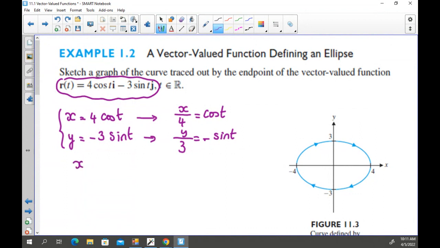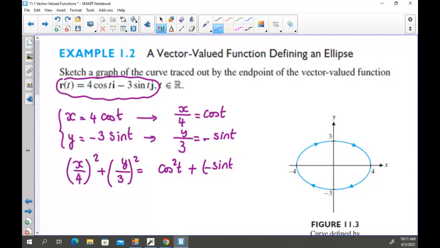Now I'm going to square this, and I will add y over 3 squared. So that will give us cosine squared t plus sine squared t, which is 1, basically, because minus 3 sine t squared becomes sine squared t, so we are getting 1.